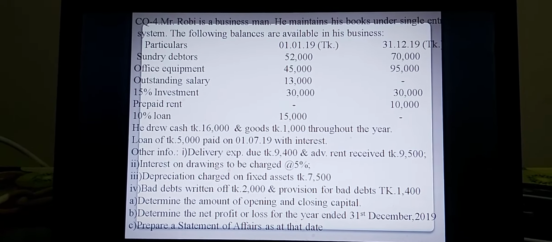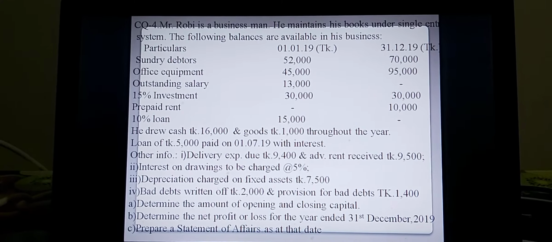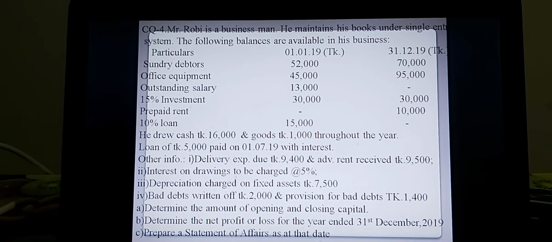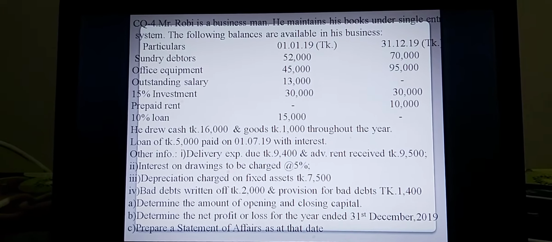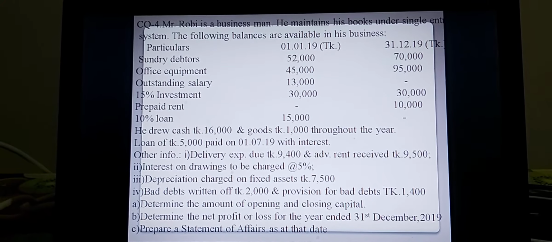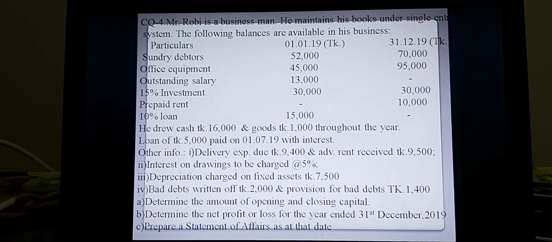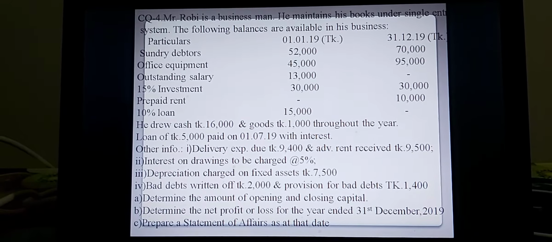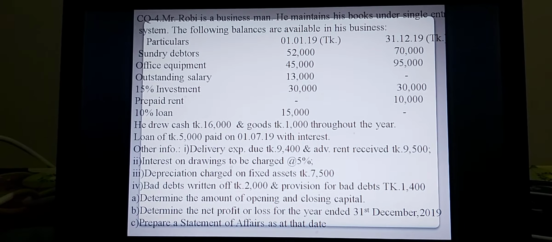You know from the rules and regulations of the single entry system, if current assets and current liabilities are not given in closing amount, then the closing amount is nil. But for fixed assets, long-term investment and long-term liabilities, if the closing amount is not given, then you have to take the opening amount as the same, unless other information is given.